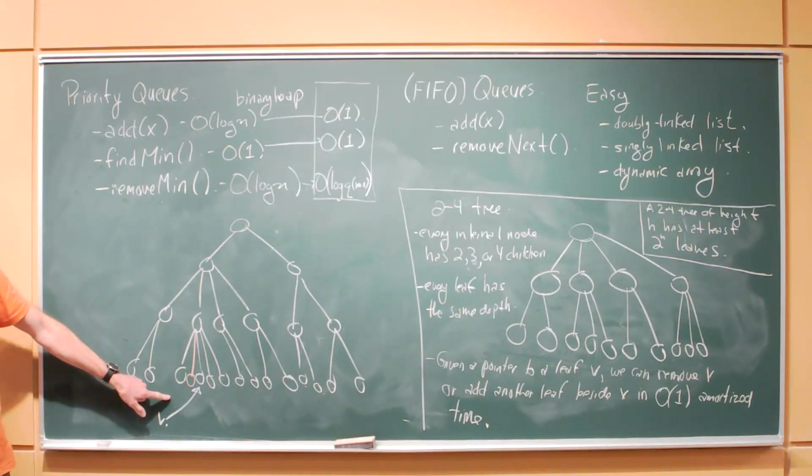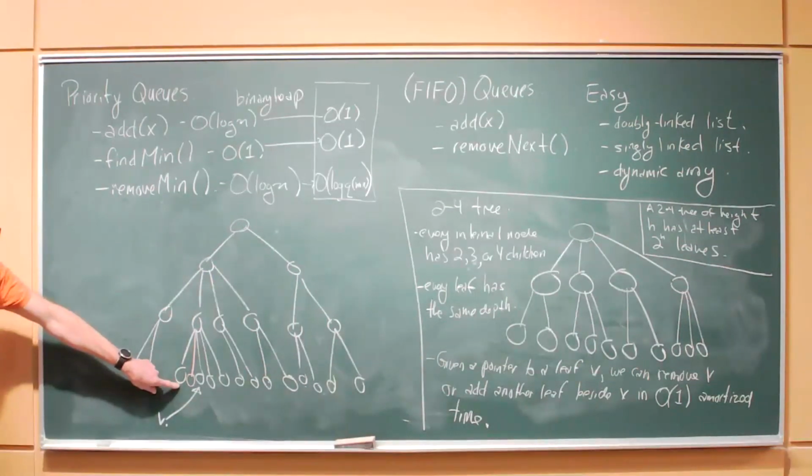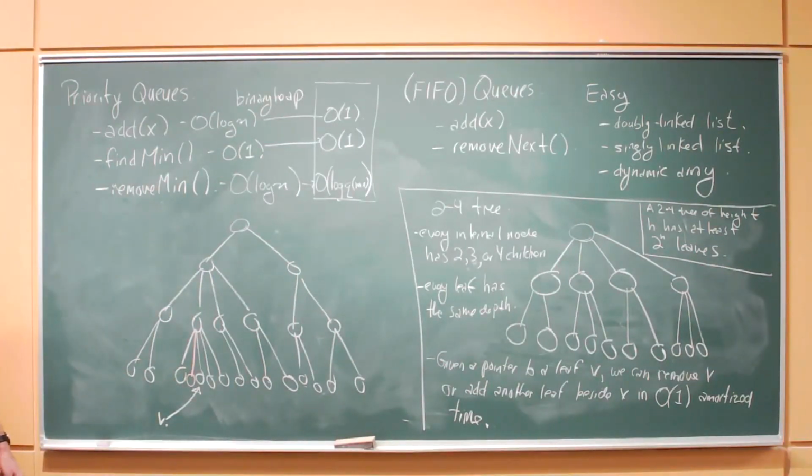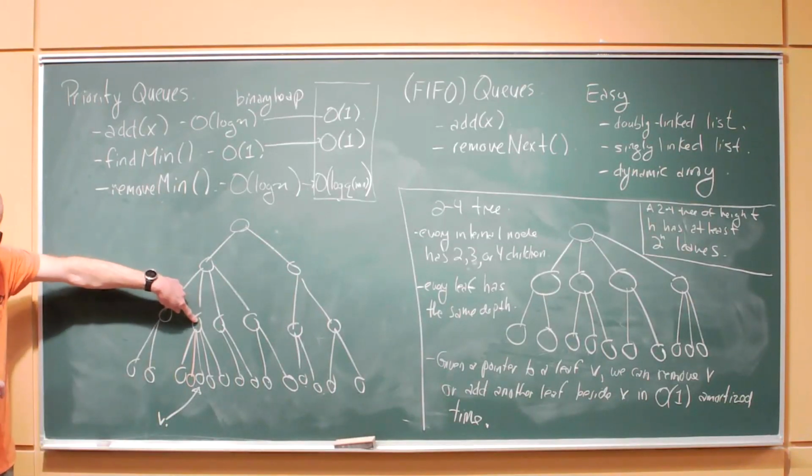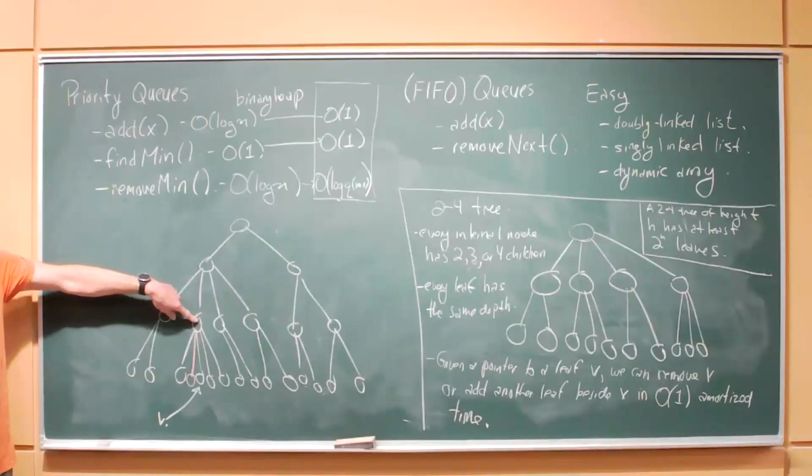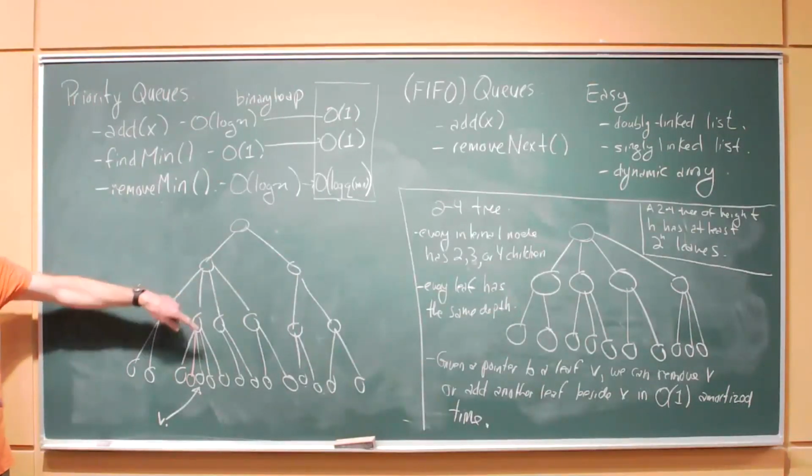Pardon? Yeah. So the problem here is this is no longer a 2-4 tree. In particular, this thing, its number of children increased by 1, which means that it could now be more than 4. It could be 5.